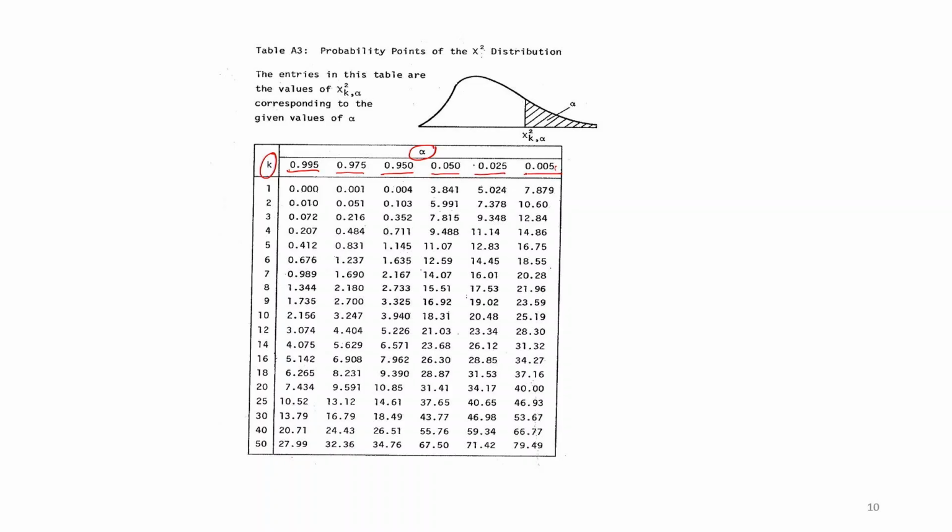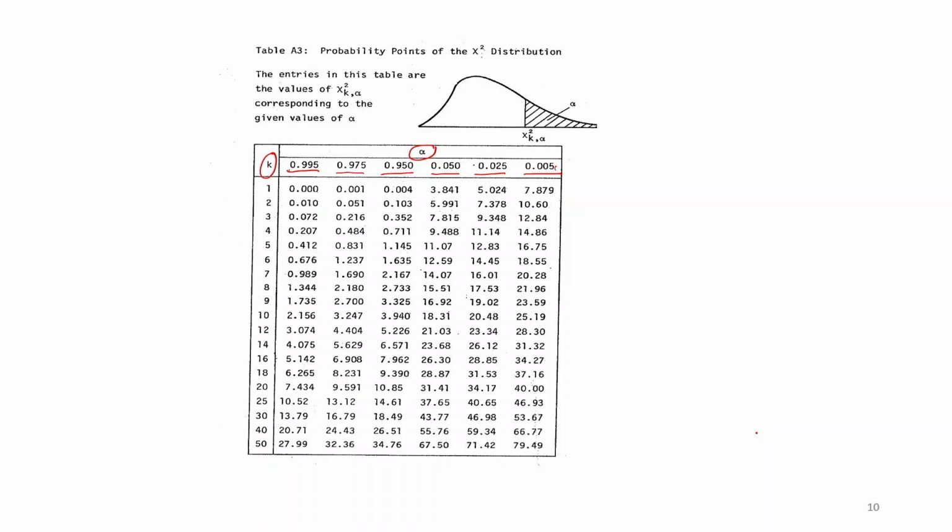These are the different values of alpha or different areas. So for a given k, suppose when k is 1, then these are the different values of alpha. So this kind of table will be available in many textbooks, and you need to consult them to find out what is the value of chi-square for a given value of alpha.